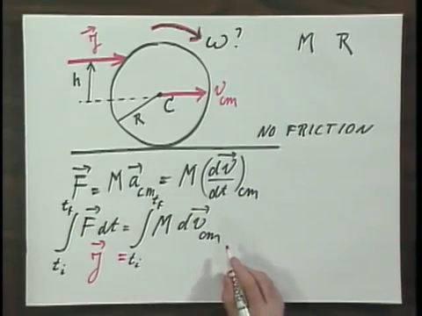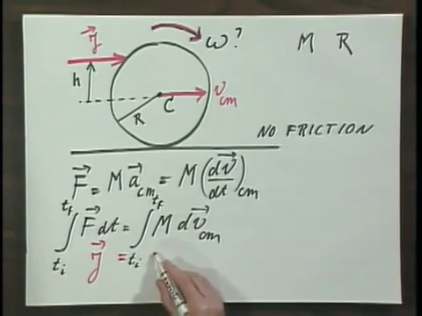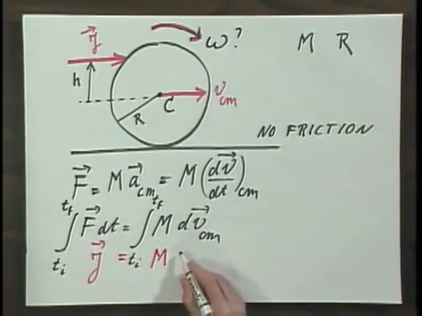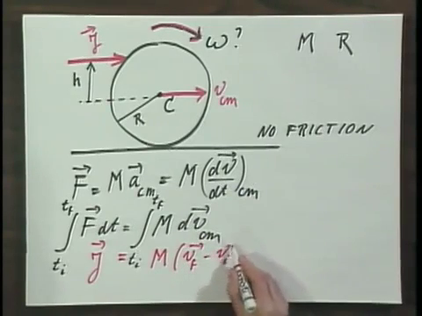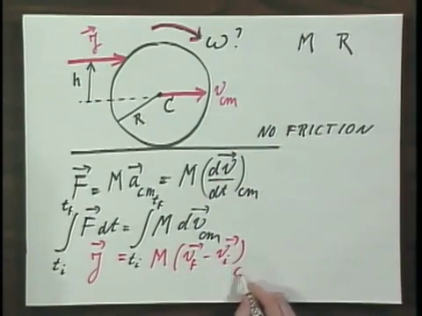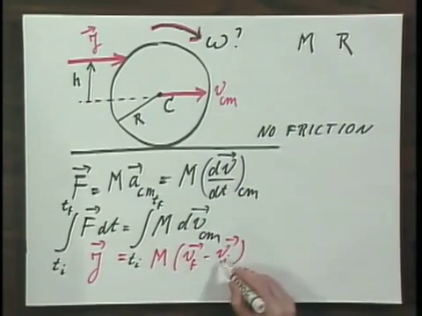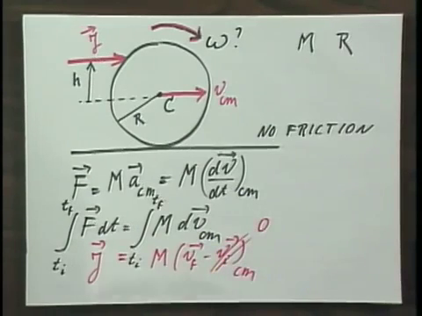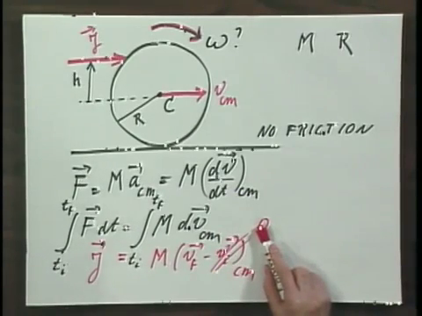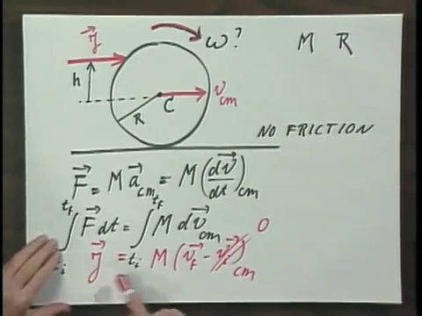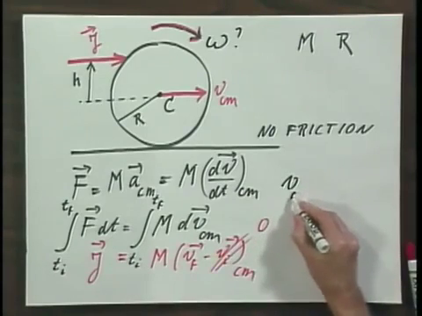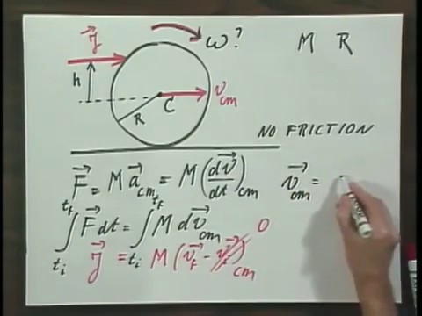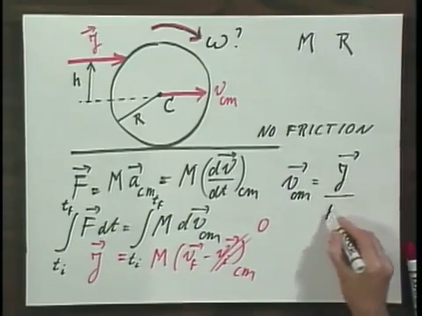So this is J. And this equals m times the final velocity minus the initial velocity of the center of mass. The initial velocity is 0, because your object is not moving before I give the impulse. So you get a very simple result, and that is that v of the center of mass equals the impulse divided by m.